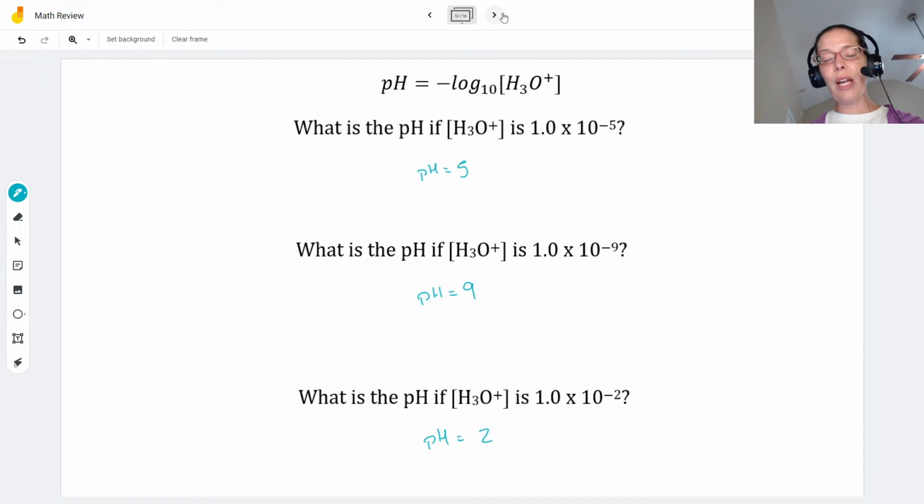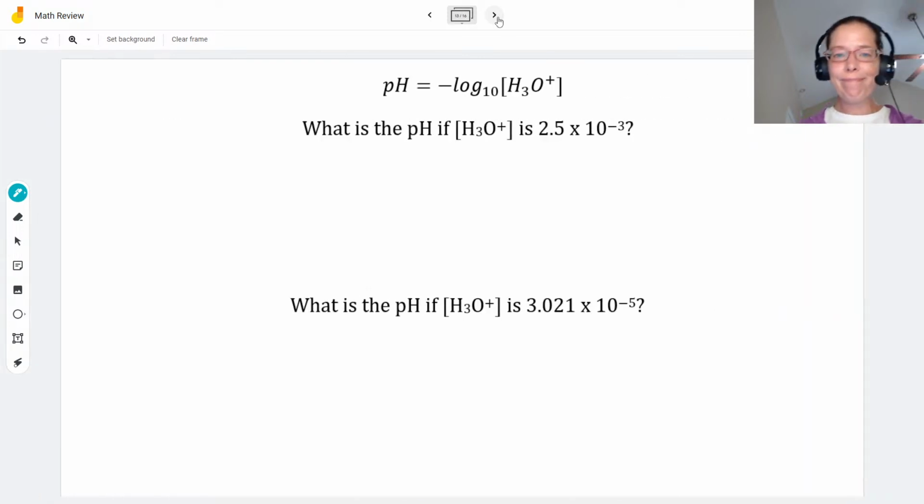But of course, when we're calculating pH, we don't always have 1 times 10 to the negative second. We usually have different things. So let's look at what happens if the concentration is 2.5 times 10 to the negative third. Okay, so this one you are going to have to put in your calculator.